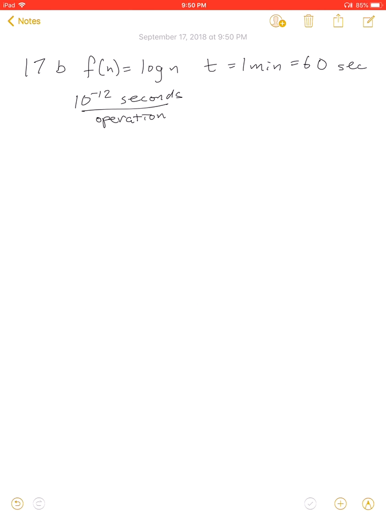All right, so now first thing we want to do is get f(n) to give us the amount of time it takes to solve a problem of size n. So f(n) is equal to log n operations times 10 to the minus 12 seconds per operation.